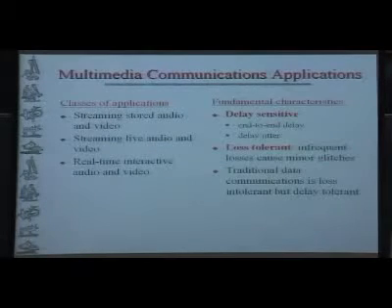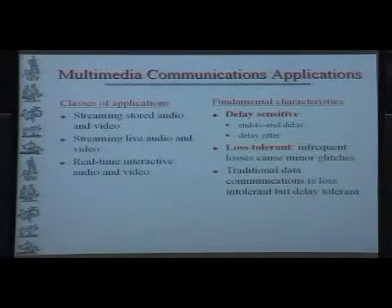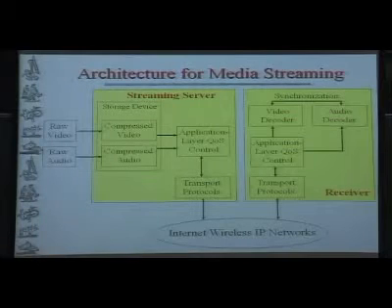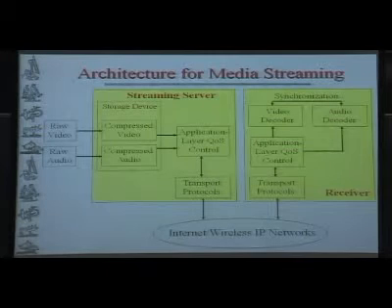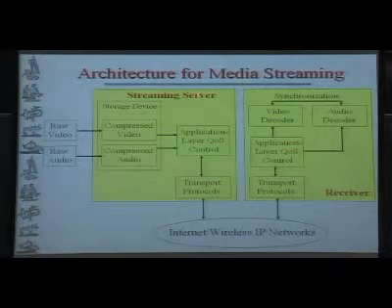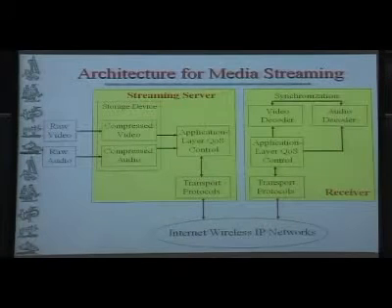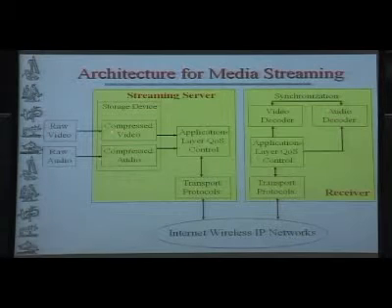Now, we understand all these already, so let me skip. Typically, the architecture for media streaming is shown here. You have the streaming server, which is where Akamai sits, where Real Networks and Windows Media sit. It has raw video coming in, raw audio coming in.